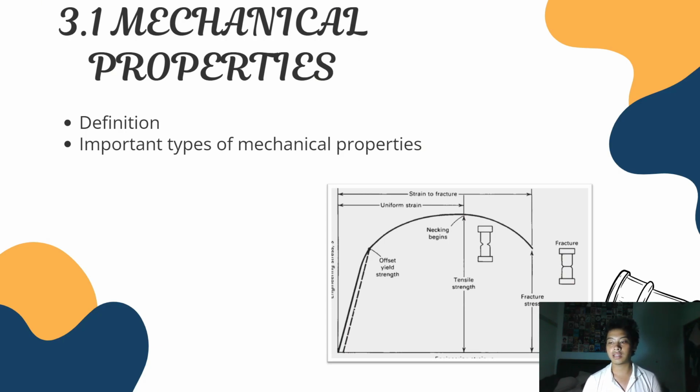Yield strength, under tensile, compressive, and shear loads, indicating the stress level required for the onset of permanent or plastic deformation. Ultimate strength, under tensile, compressive, and shear loads, indicating the maximum engineered stress that the material can withstand without fracture.